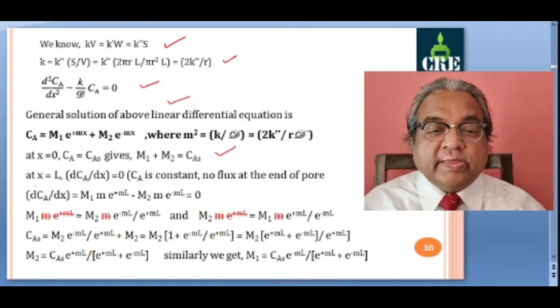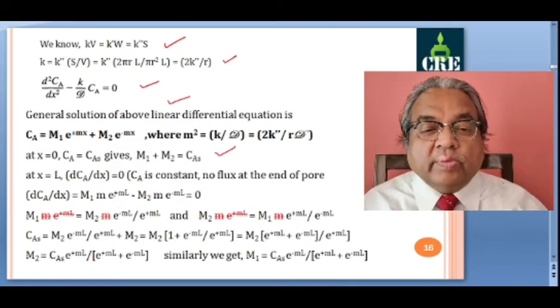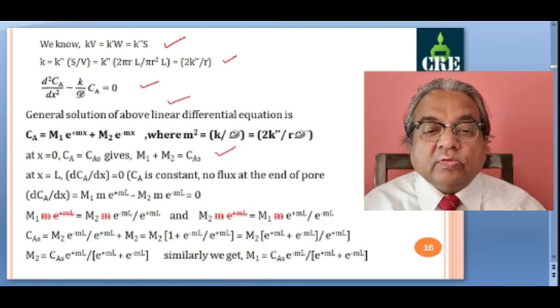So dCA by dx, if I take the derivative of this, m1 into this plus m2, e raised to mx is e raised to mx into m. This e raised to minus mx into minus m. So minus m, this minus sign is taken here.